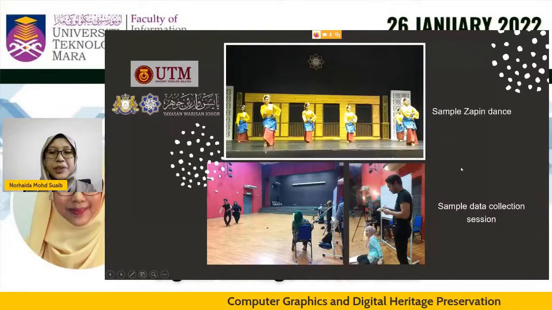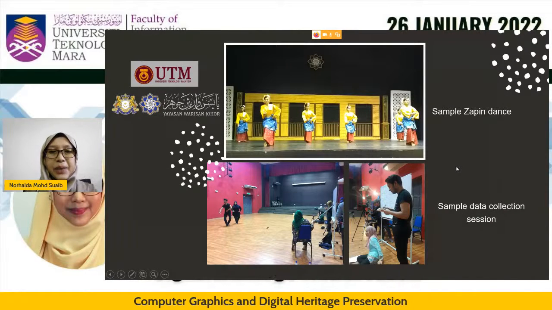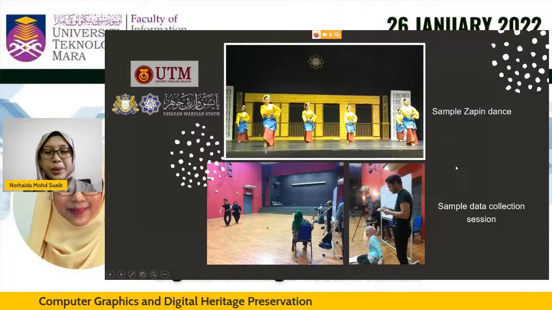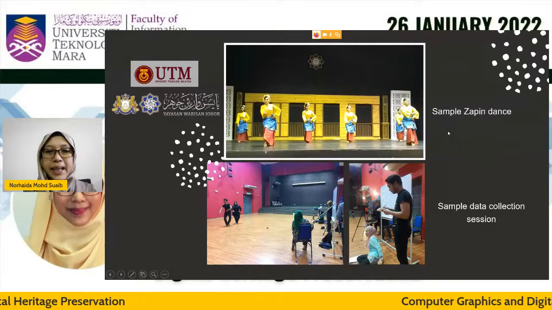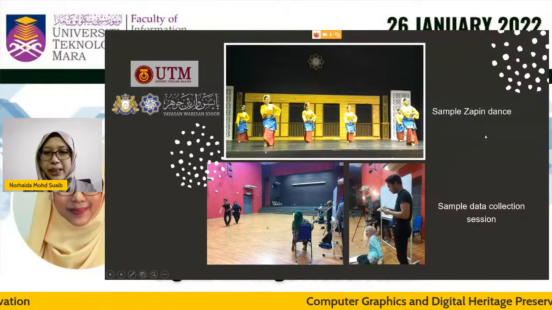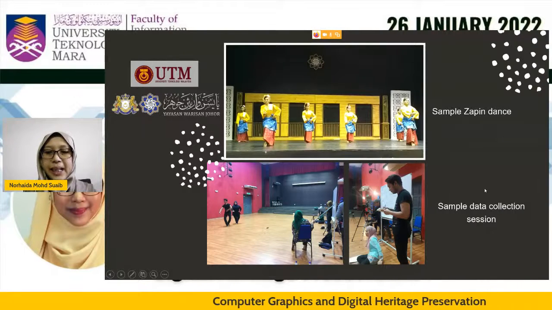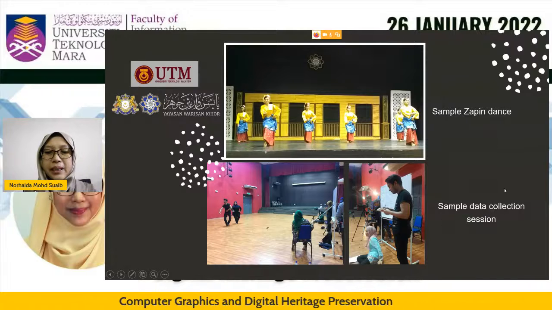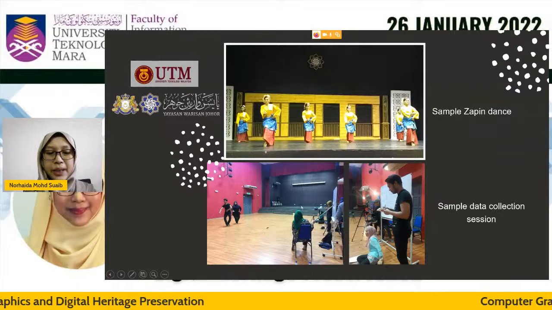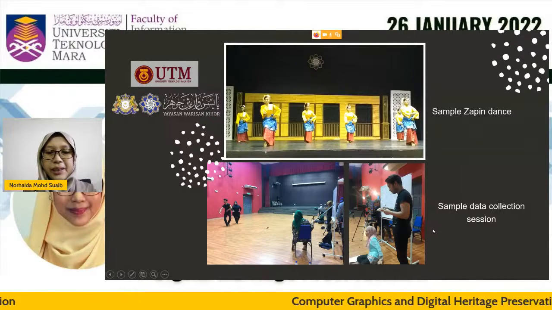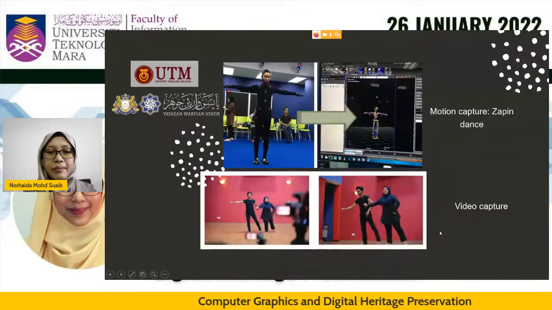Okay, it's a 4-year project, and since we have different partners, from Malaysia, we bring forward Zapin dance as one example of local traditional dance, and we do the sample data collection. So we have a few sessions. One, as you can see here, we are using a video cam to record the movement.